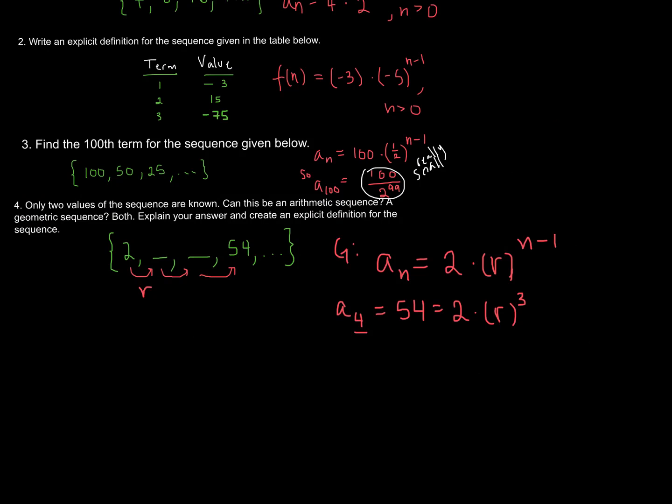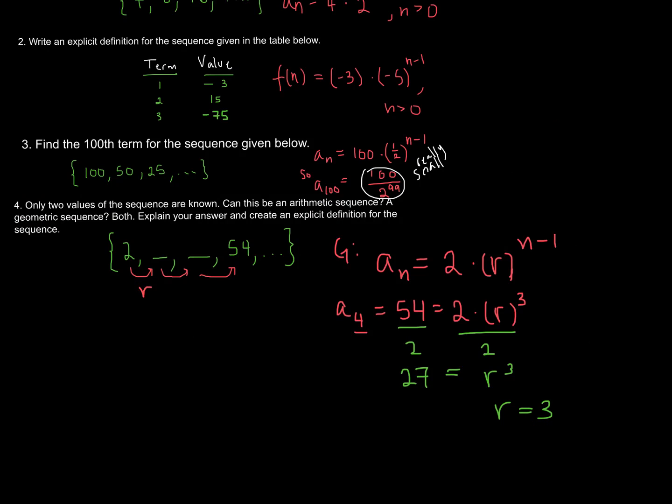And you can actually solve this. So you can divide on both sides by 2. And you'll end up getting r cubed is equivalent to 27. And you know the value that when I cube it will be 27, right? R must equal 3.